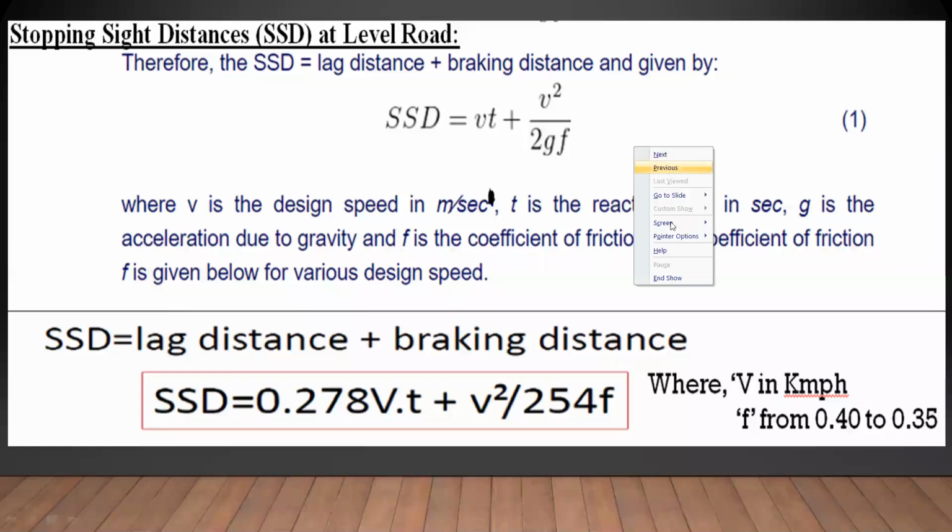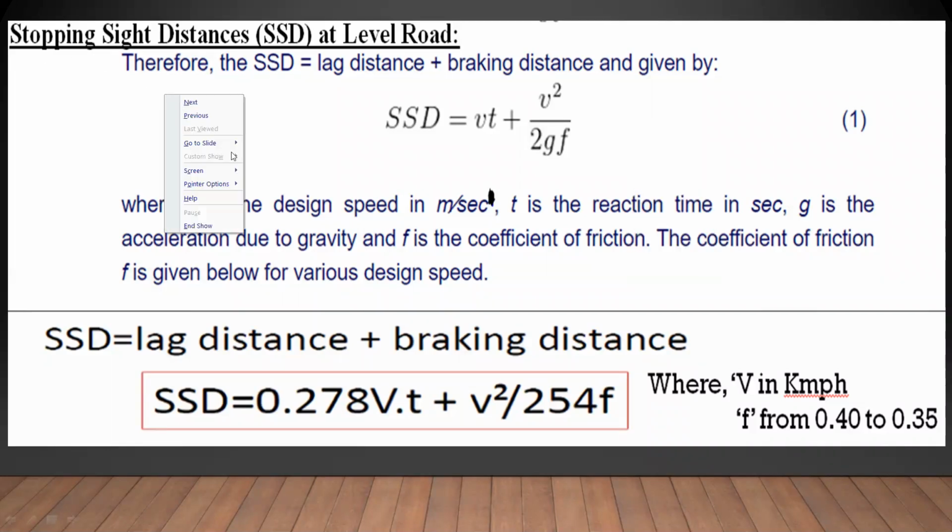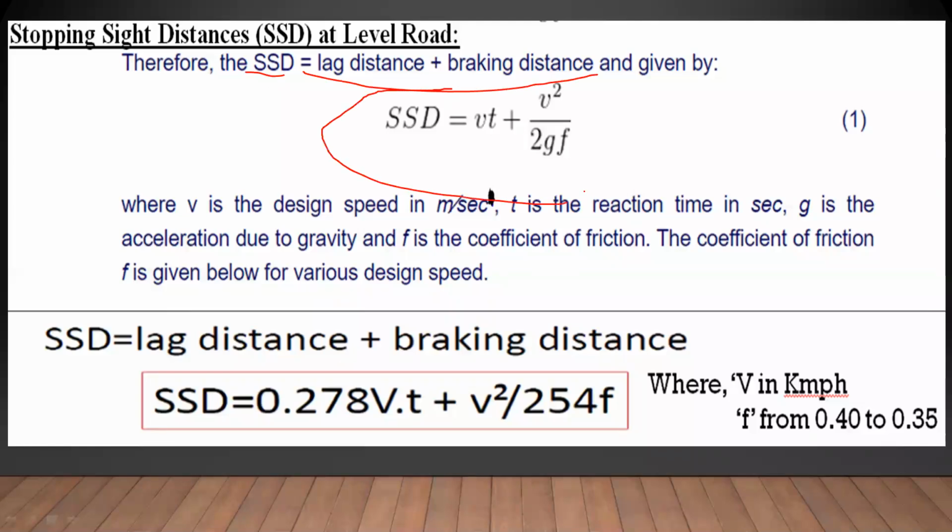So moving back to here, this you can say is stopping sight distance at level road, SSD, lag distance plus braking distance. So this is the equation, Vt plus V square by 2gf.